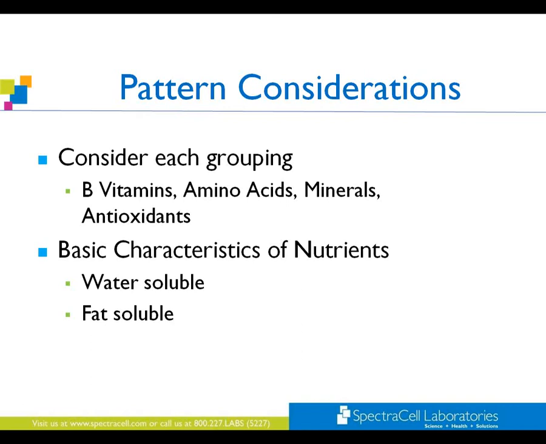There might be some impairment of digestion, potentially assimilation of some of these proteins. So just looking at the groupings that are already established for us begins to give us information about the overall state of the patient.